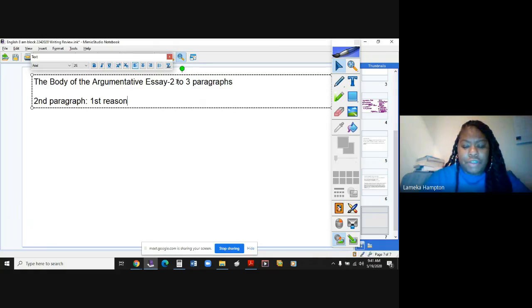So first reason, schools should open back up in August because the pandemic will have subsided by then, and the word subside means to go away. Okay. So with that, that's your very first reason.